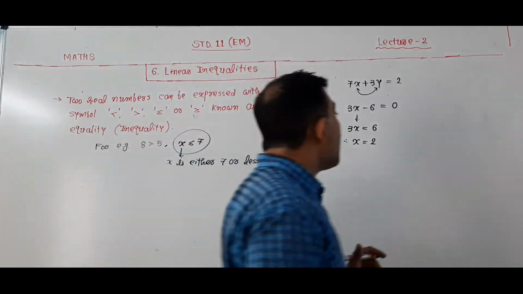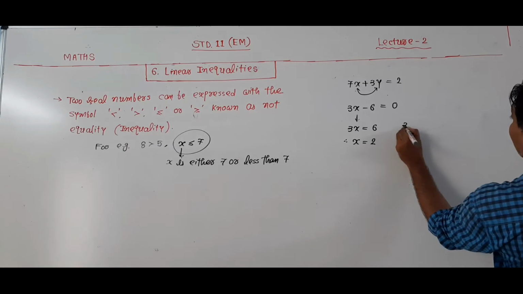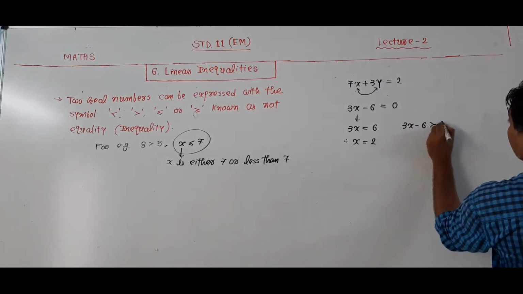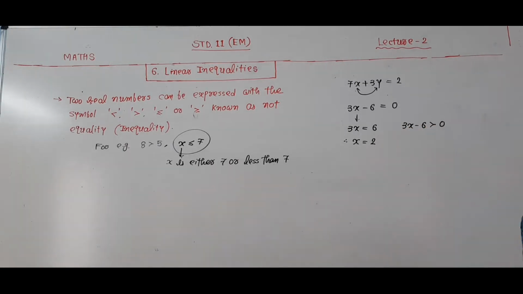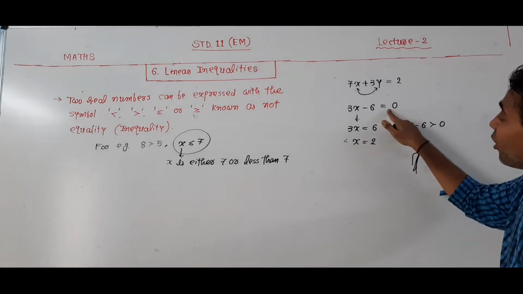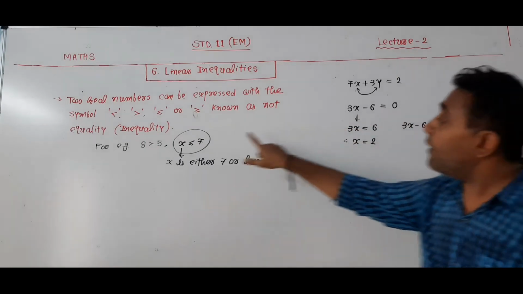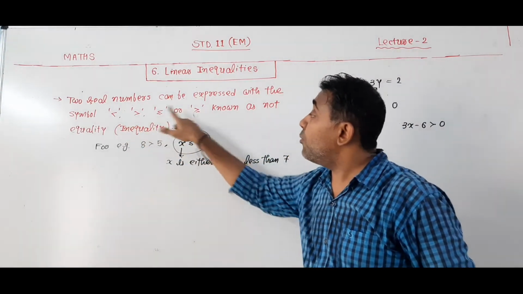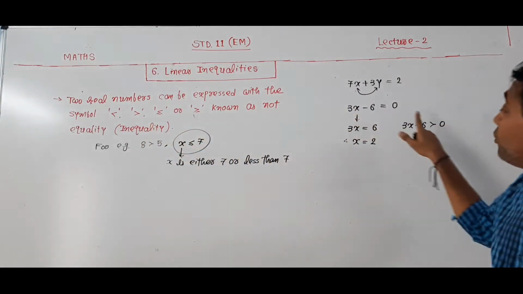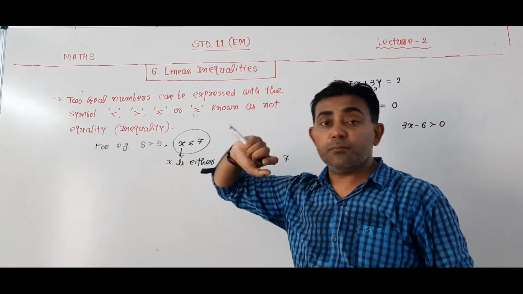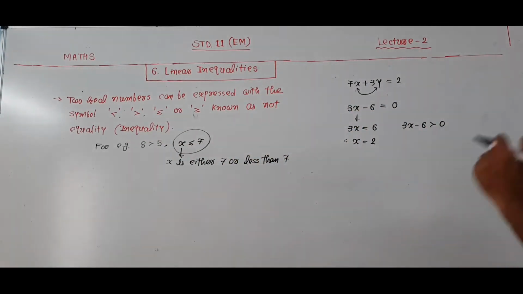Now just think about this. Suppose I write 3x minus 6 greater than 0. Suppose this is not a balanced equation, it is an inequality. It means I use one symbol out of those four symbols. So I use the symbol greater than. It means 3x minus 6 greater than 0.